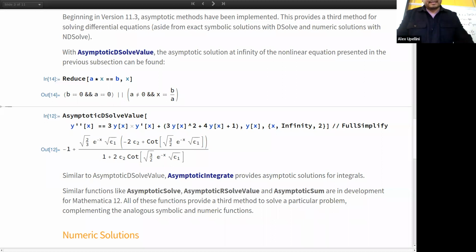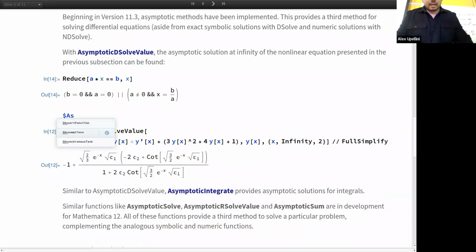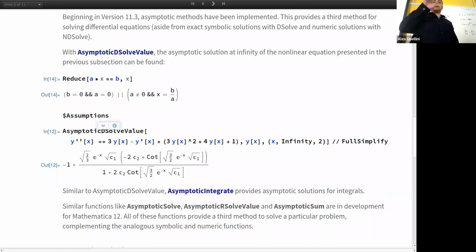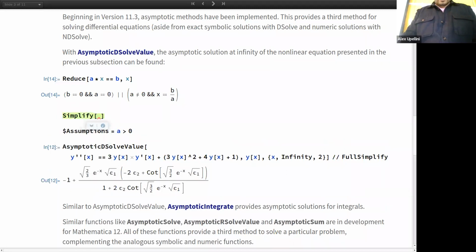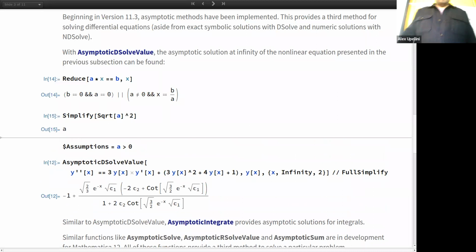And the other thing is Assumptions, the assumption variable. You can add inside, for example, let's say I can say, assume that a is strictly positive. Let's say I want to simplify the square root of a squared.